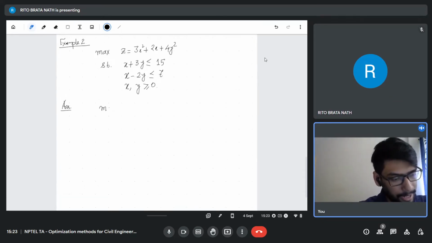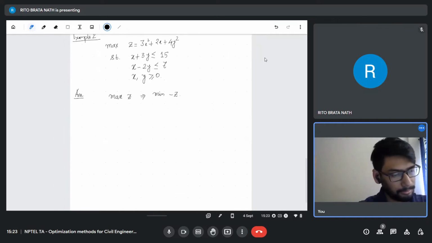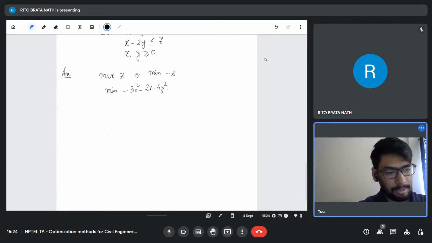This max of z, you can write as min of minus z. So you can write it as min of minus 3x squared minus 2x minus 4y squared.